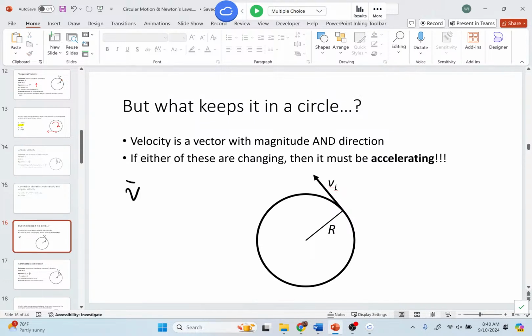Let me draw my velocity vector. If I'm going this way, let's define this as the x direction. If I'm moving to the right, my velocity is purely, let's just make up a number, 2i hat plus 0j hat. This says I am moving 2 meters per second to the right. I'm not moving forward or backwards at all, or up and down. But what if I do something wild and turn?